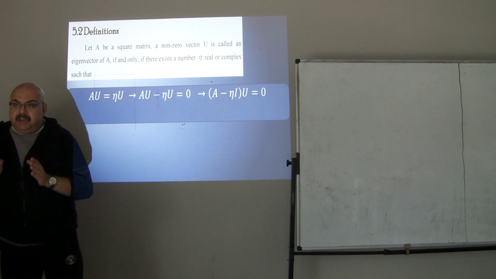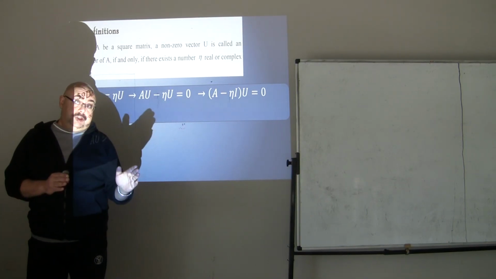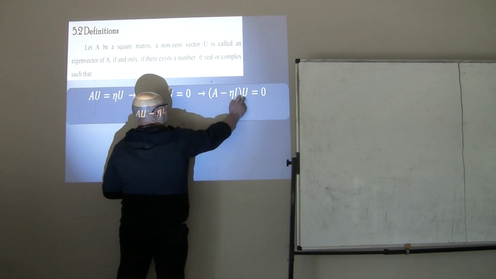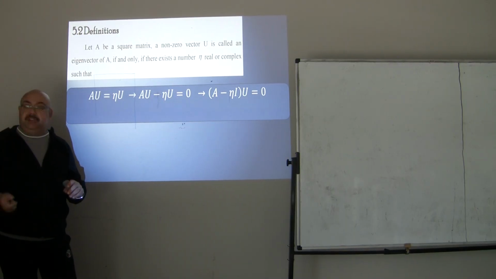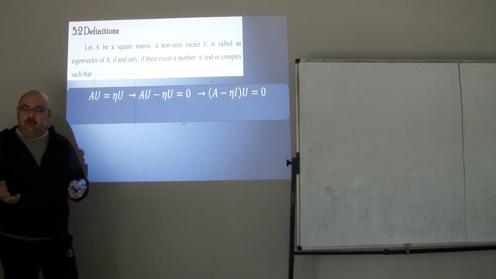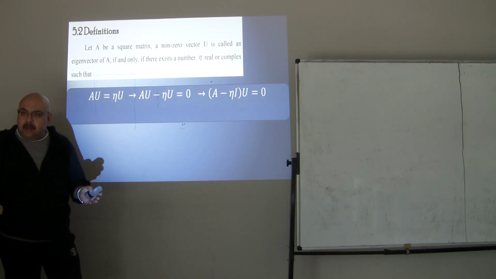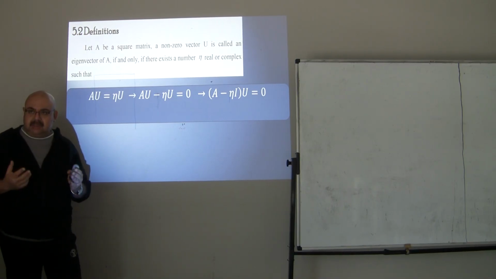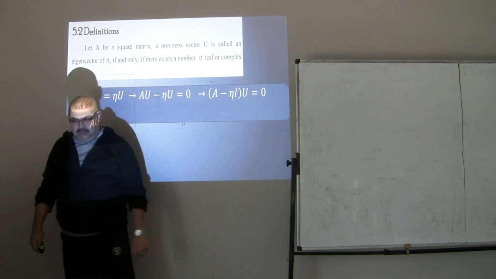If you have an equation of two parts multiplied by each other and it's equal to 0, it's very clear: either one of these two is equal to 0. If u is equal to 0, which is a vector, it's a trivial solution. Anything you multiply by a vector of zeros, the result will be the origin. Am I right? So the only solution that makes sense is to have A minus eta I equal to 0.